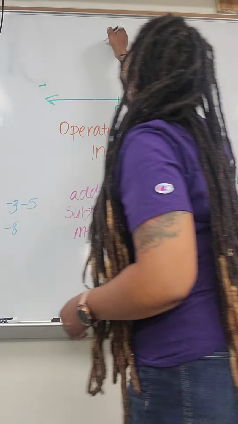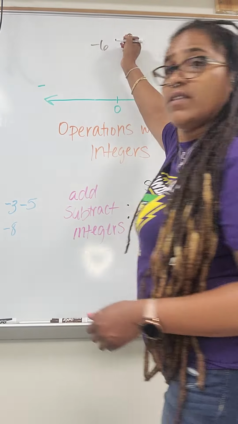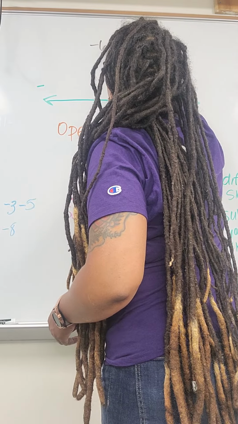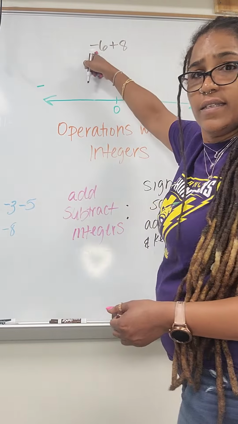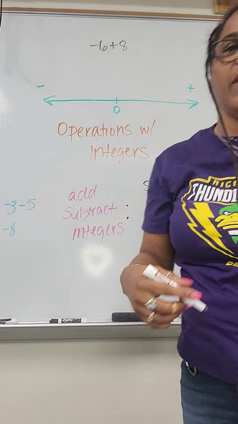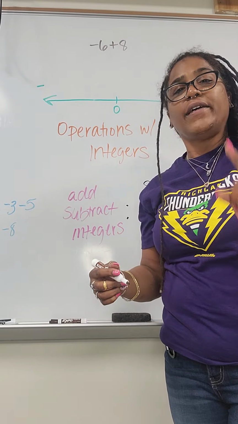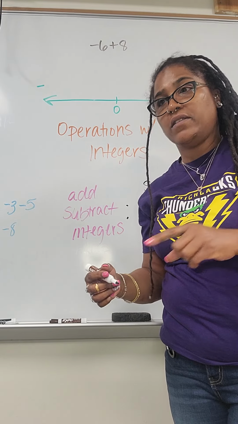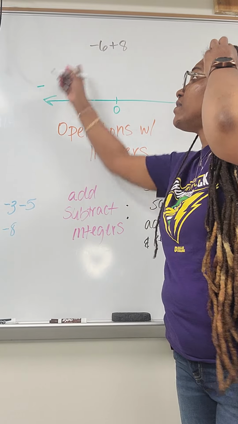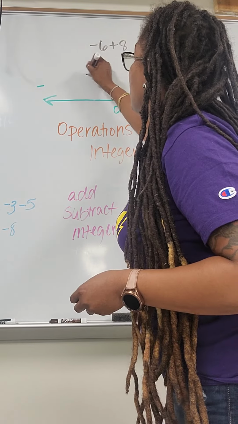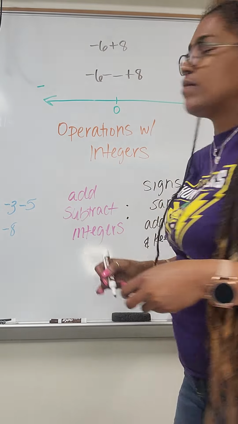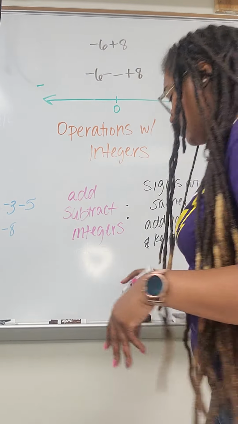So we're gonna say -6. Can you see up there? Okay. -6, we're gonna say +8, right? So our 6 is negative and our 8 is positive, because your sign is always gonna be in front of your value. A value can only have either a positive or a negative. It can't be both. And so you can only have one sign. So you'll see something like this, but we'll talk about that in a second.